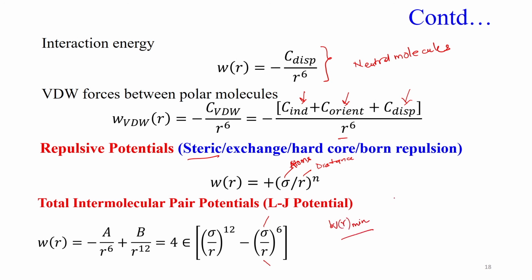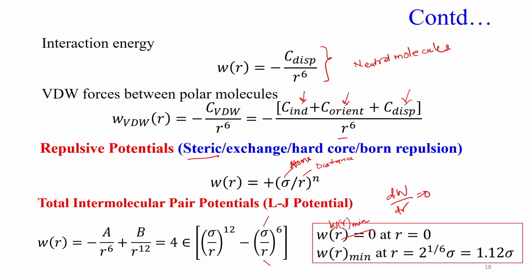then you have to set dW upon dr equal to 0. In this way we can calculate at what value of r the system will be in equilibrium. W minimum means it is in equilibrium. If you calculate simply, we get W is minimum at r equal to 2 to the power 1 by 6 sigma.